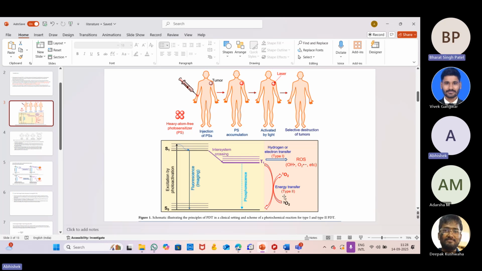So if the molecule is more stable, with a longer lifetime in the triplet state, there are more possibilities of reactive oxygen species as well as singlet oxygen generation. The only thing is that it should undergo intersystem crossing, and this ISC conversion should be very efficient. Yes.